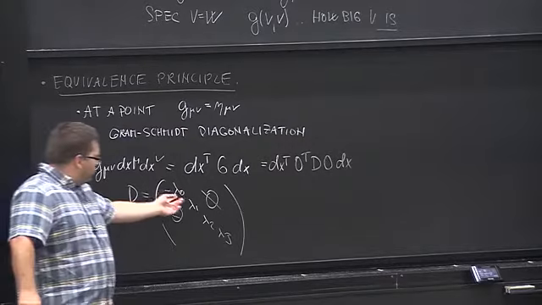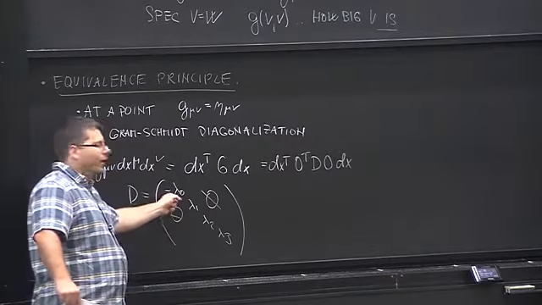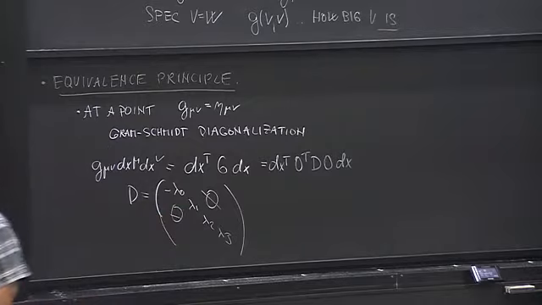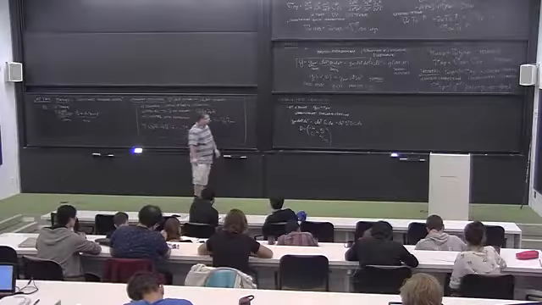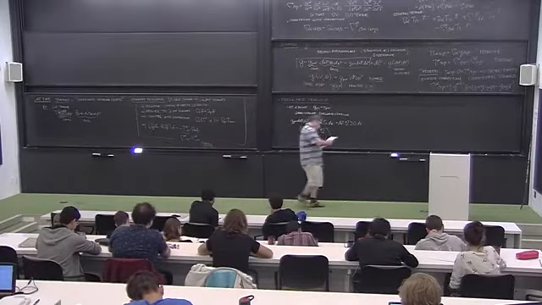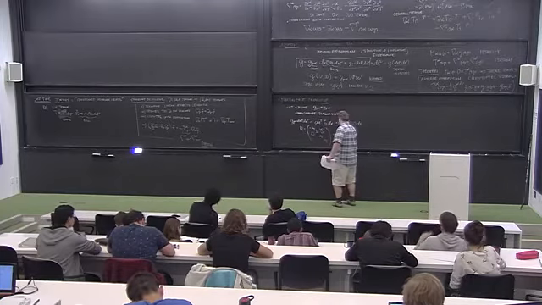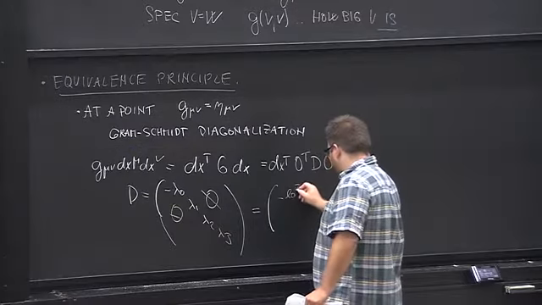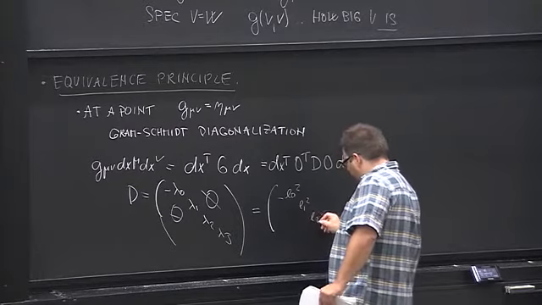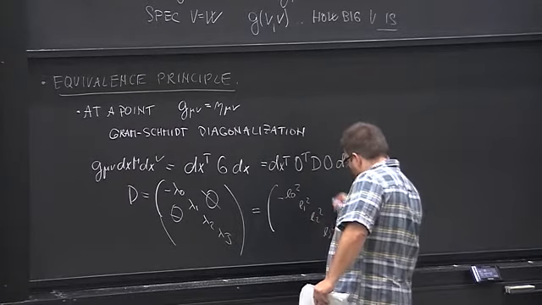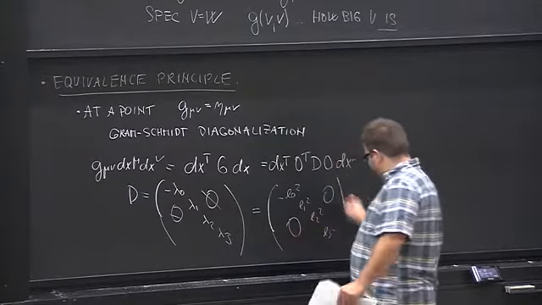So here I've chosen all these eigenvalues to be positive, and I'm writing this explicitly, the minus sign corresponding to the negative eigenvalue, which of course I can also write as minus E0 square, E1 square, E2 square, E3 square, because they are simply all positive.